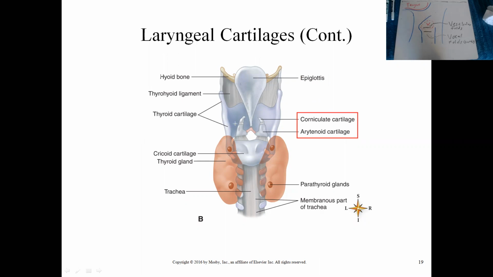I think of the arytenoids like A's that are filled in. Those are arytenoid. And the corniculate cartilages are on top of the arytenoid.